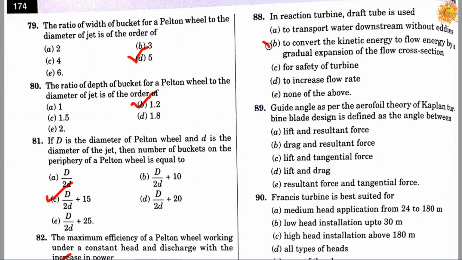Correct answer is B. In reaction turbine, the draft tube is used to convert the kinetic energy to flow energy by a gradual expansion of the flow cross section. Question number 89.